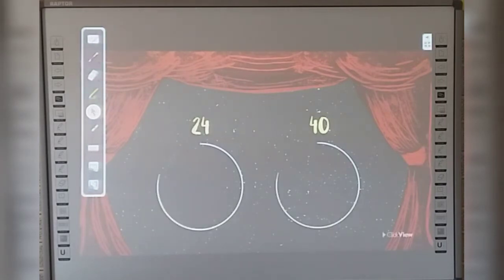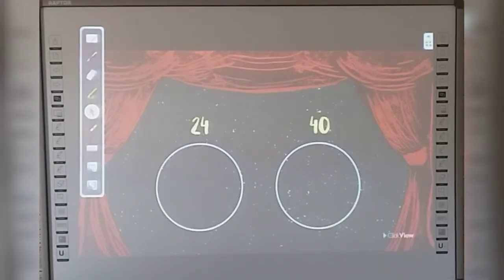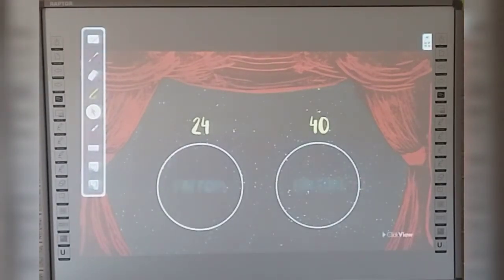Here we have two circles. In each circle, we're going to write the factors for each number. Let's start with 24 first. We already went through the factors for this number before, so let's write them in the first circle. 1 and 24, 2 and 12, 3 and 8, and 4 and 6. Now, let's do 40.